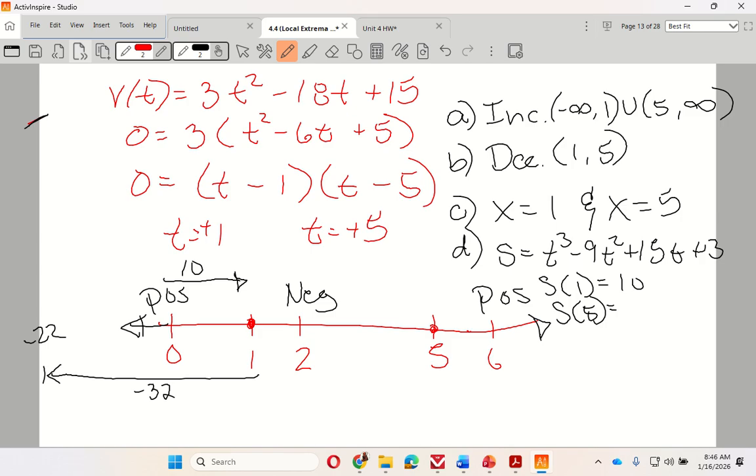All right, so now what's going to happen at that 5-second mark? Yeah, it's reversing again, right? So how do I figure that one out? Let's do that again. So there was my negative 22.